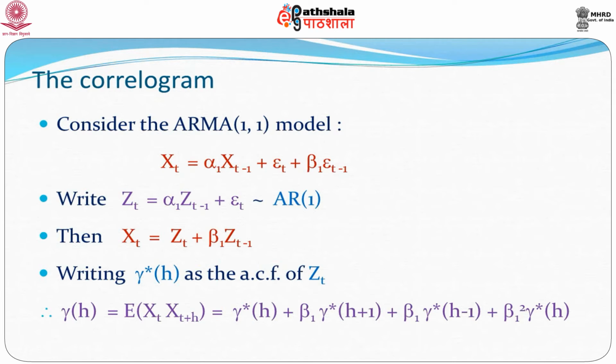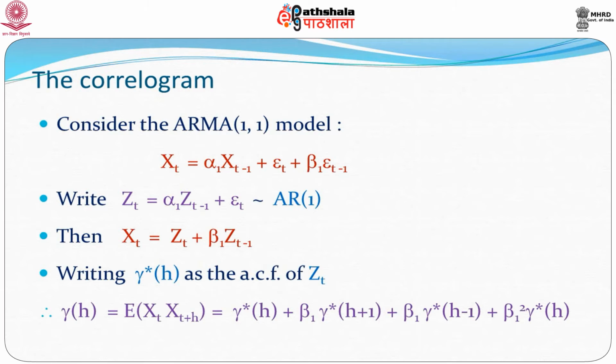So, this would be the covariance between x t and x t plus h, and if we use the relation that x t is z t plus beta 1 z t minus 1, and substitute this for x t as well as for x t plus h, that is z t plus h plus beta 1 z t plus h minus 1, and then we take the expectations with respect to the z variables, we will end up with gamma star h plus beta 1 gamma star h plus 1 plus beta 1 gamma star h minus 1 and beta 1 square gamma star h.